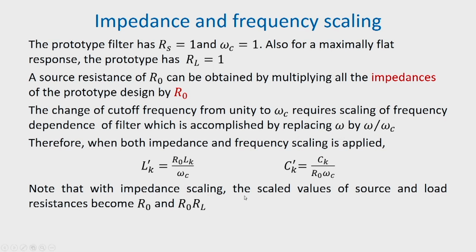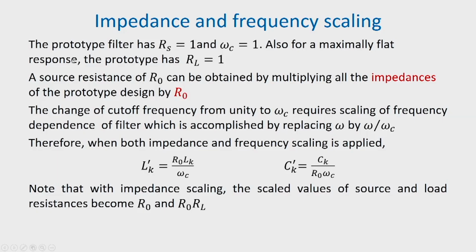And with the impedance scaling, the scaled values of the source and load resistances now become R naught and R naught R L. So, if in our original prototype we have G n plus 1 as 1, that means R L equal to 1, then now the new value will be R naught into 1 equal to R naught.